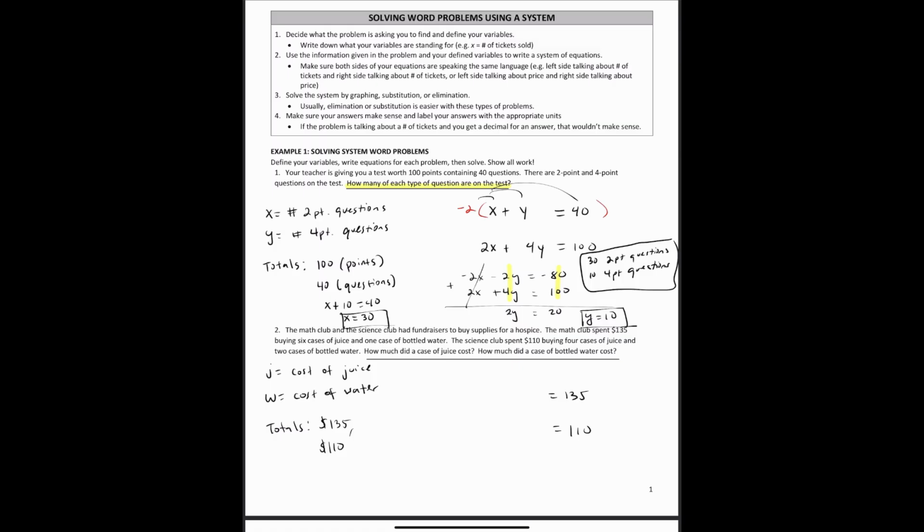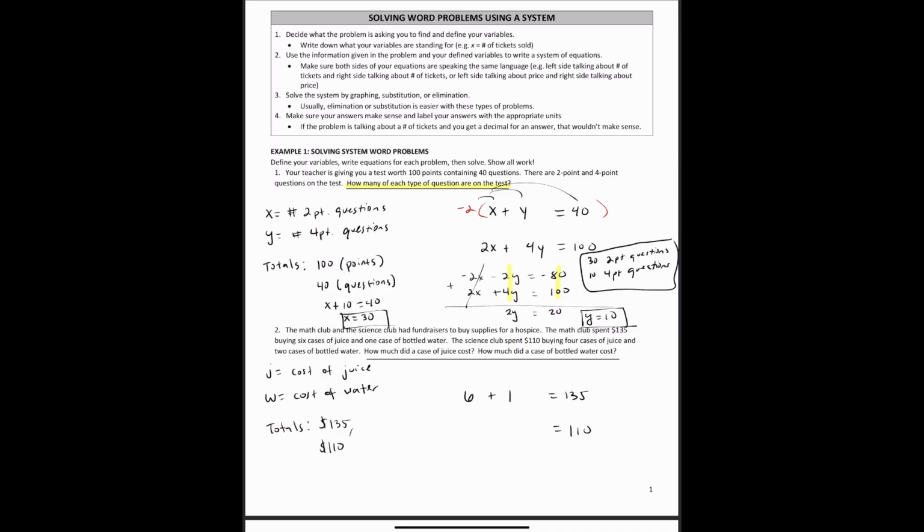So if I look very carefully at the word problem, it says the math club spent $135 buying 6 cases of juice and 1 case of bottled water. So I'm going to write 6 plus 1. But we all know that 6 plus 1 is not 135. Right? So we're actually missing something.